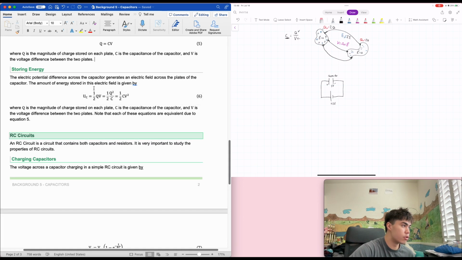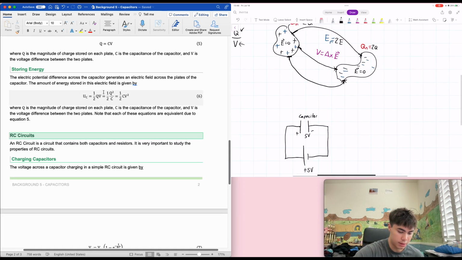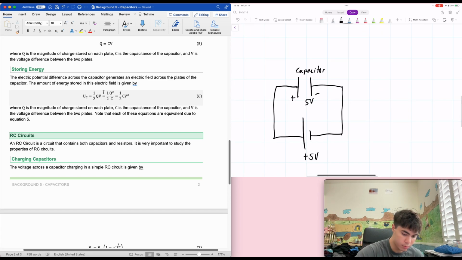The energy stored by a capacitor: energy is stored within the electric field.